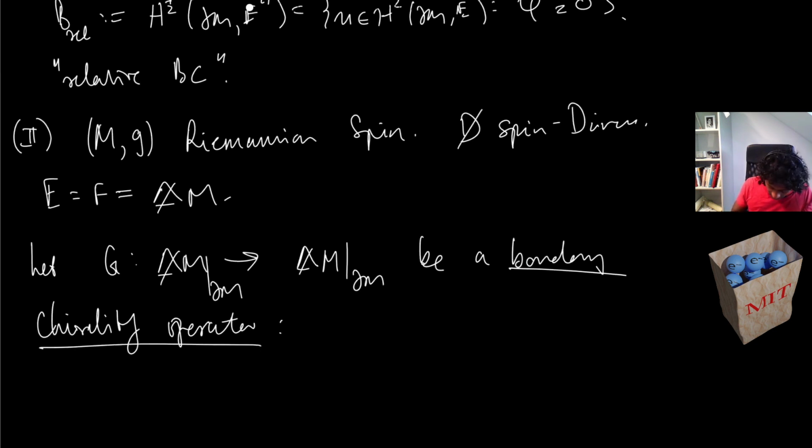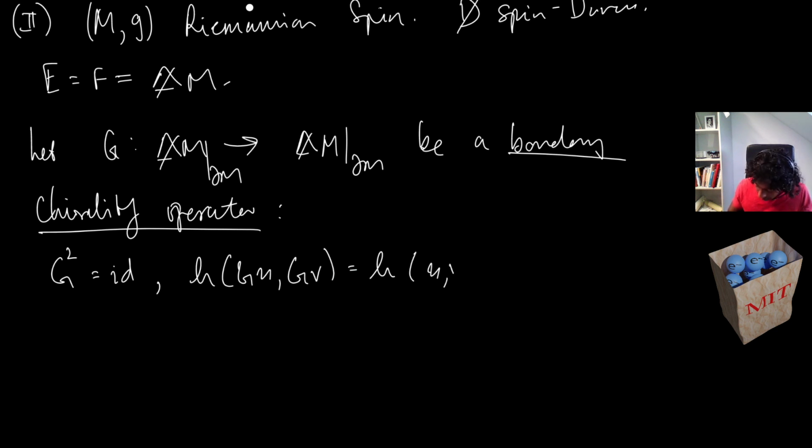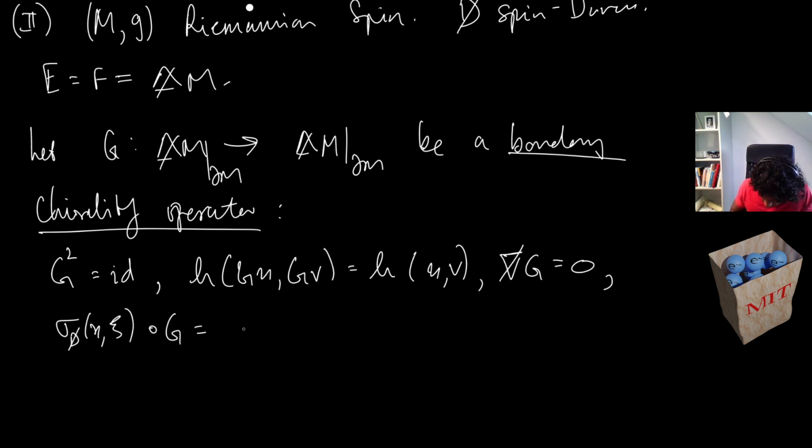So that satisfies that the square is the identity, that it is an isometry, that it's parallel with respect to the spin connection, and that when it composes with the spin Dirac operator, it anti-commutes at the symbol level.